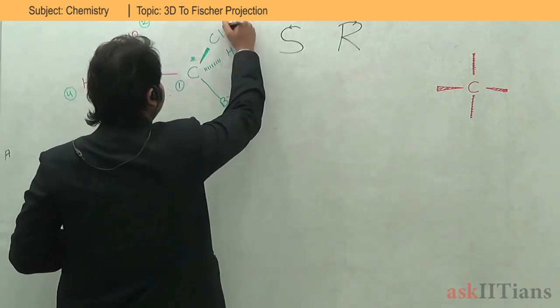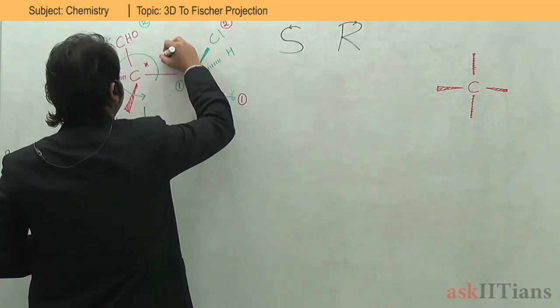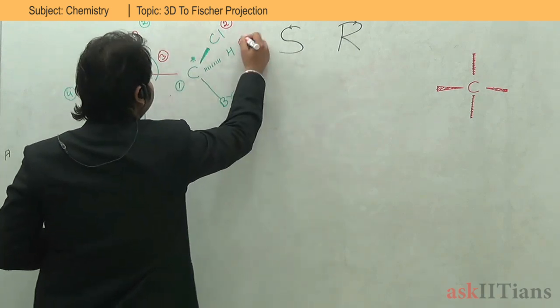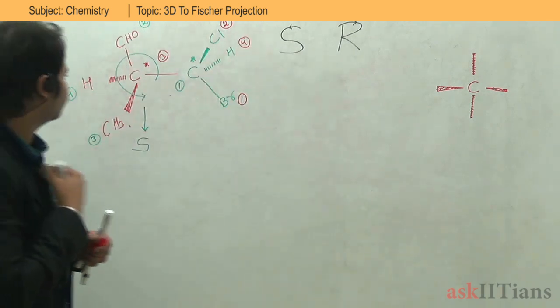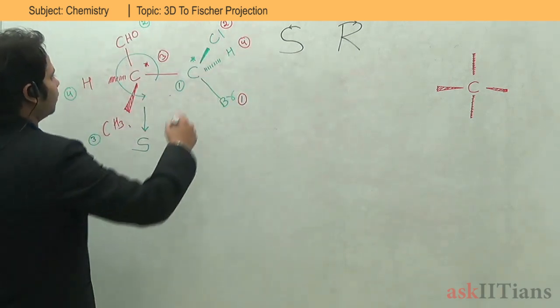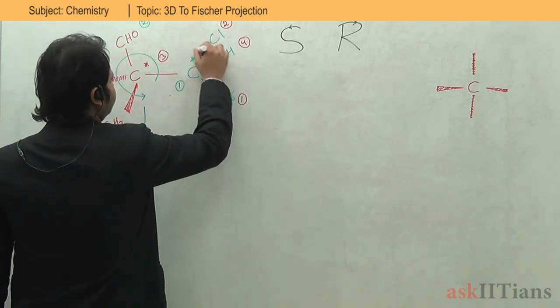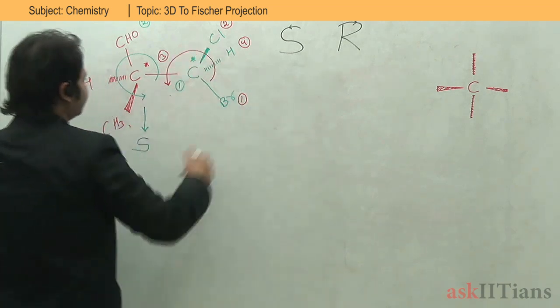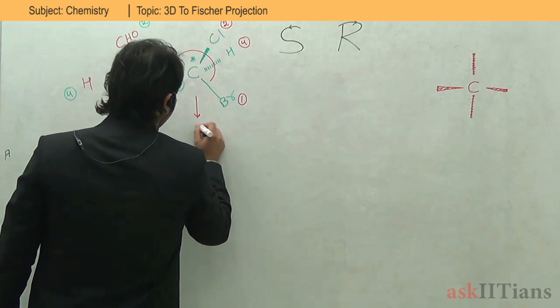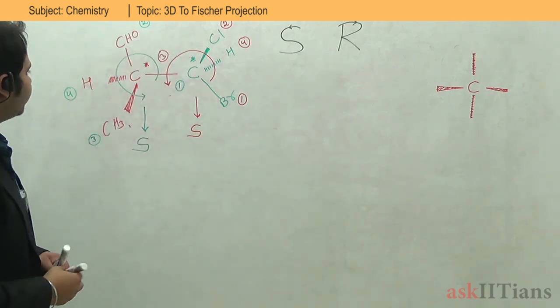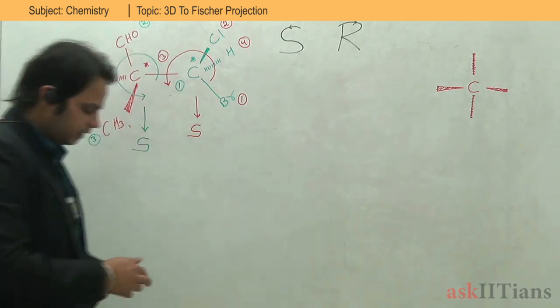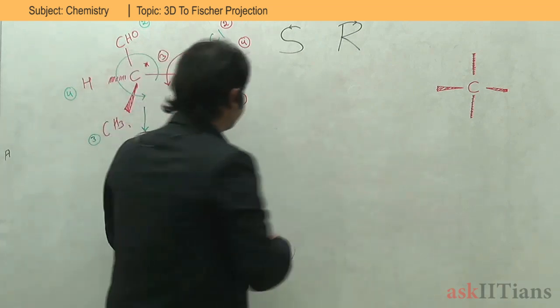That is my first, that is my second, that is my third, and this is my fourth. Again the fourth is on the dash position, so we take the rotation 1, 2 and 3, and this again gives me the S configuration.